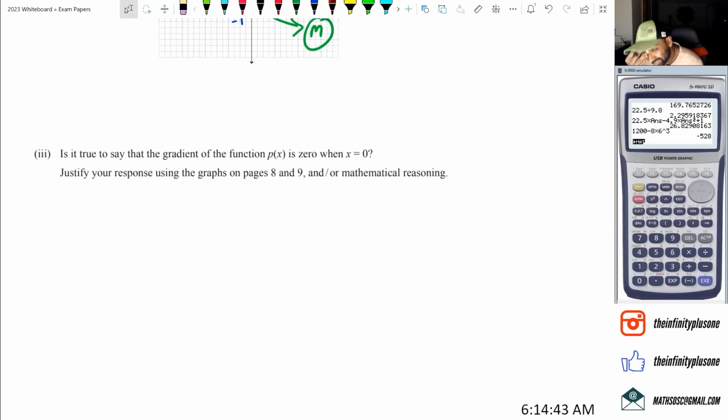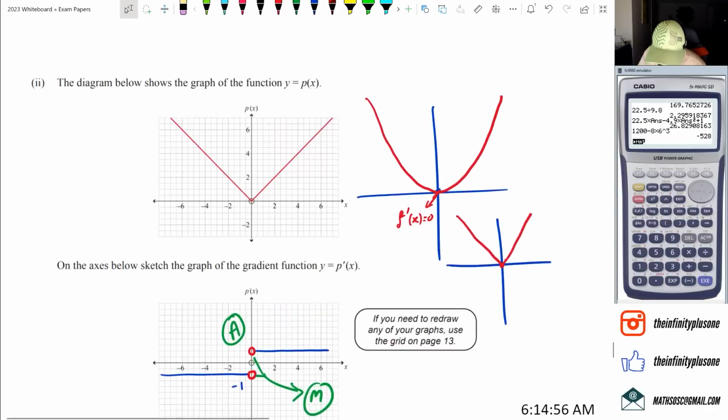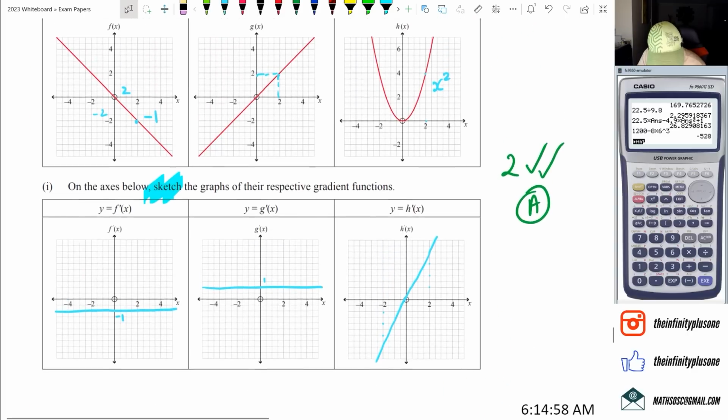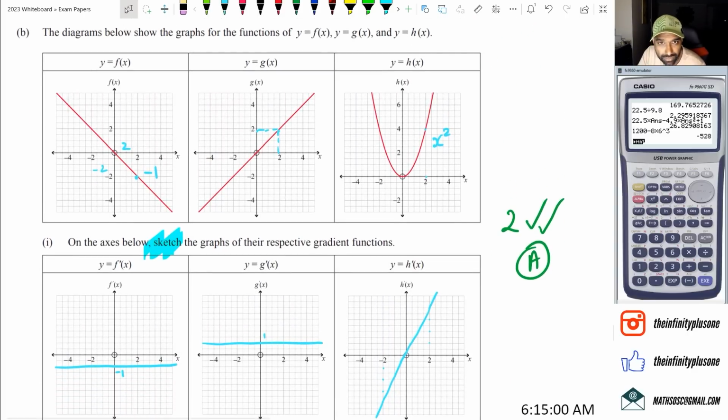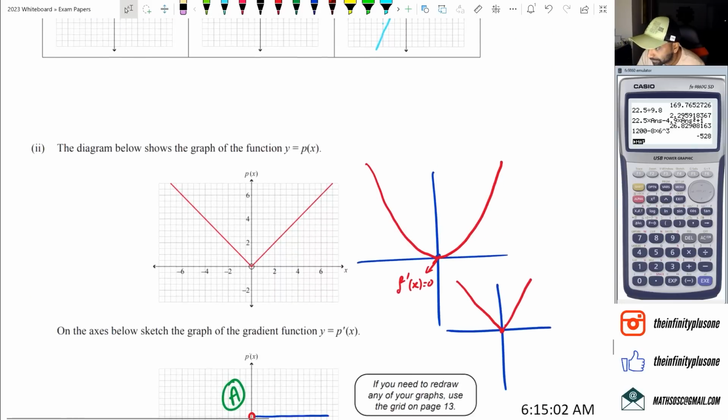Again, it kind of sucks that this question follows on, because it says, is it true to say the gradient of the function p of x is 0 when x equals 0? Justify your responses using the graphs on page 8 and 9. I guess it would be these graphs here, so justify using that.